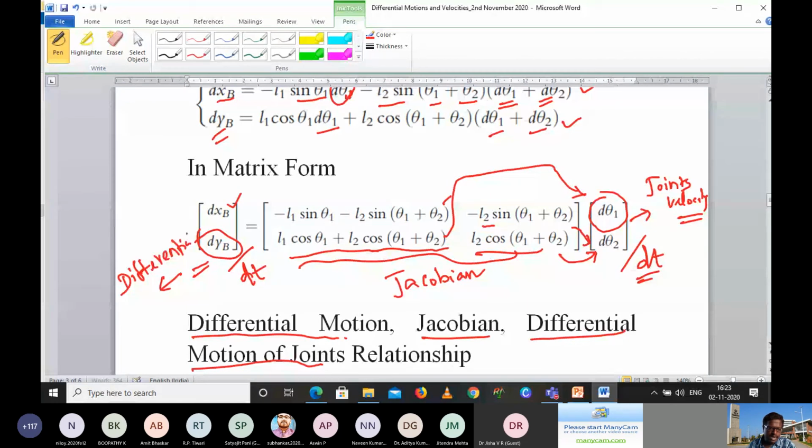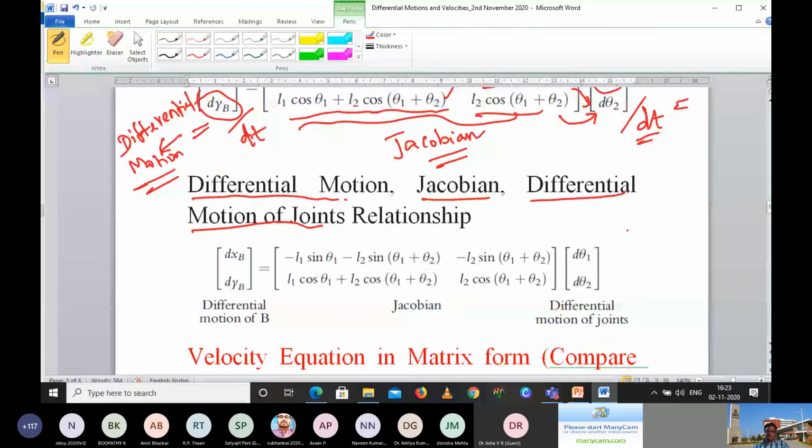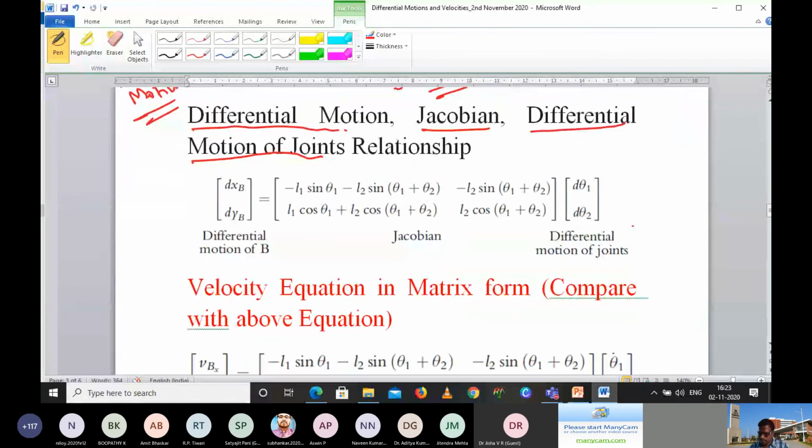Those who have come across dynamics would definitely have come across all these terms. This is the joint velocity. So this is the thing: differential motion of B, Jacobian and the differential motion of joints. Any doubts till now? Shall I proceed further? Yes, sir. Okay, fine then.